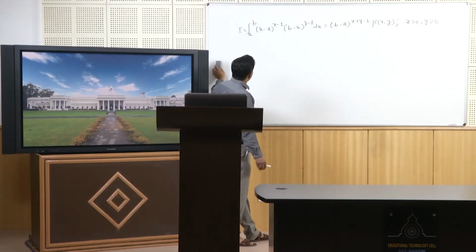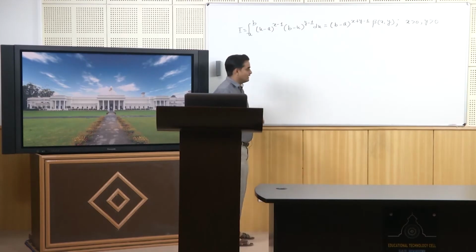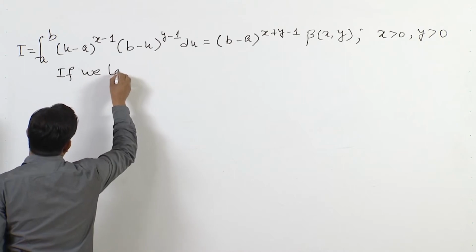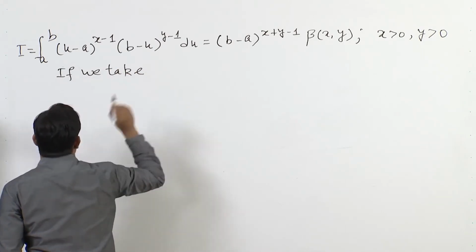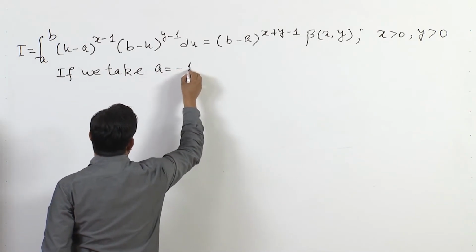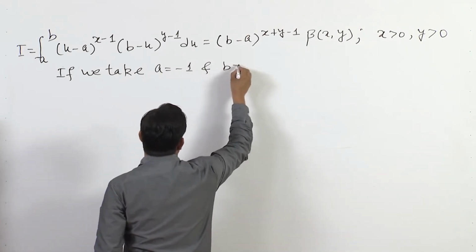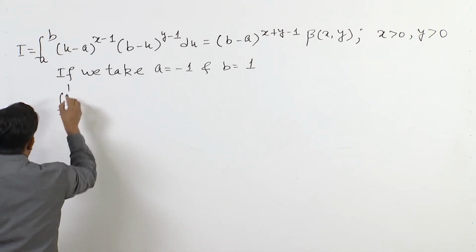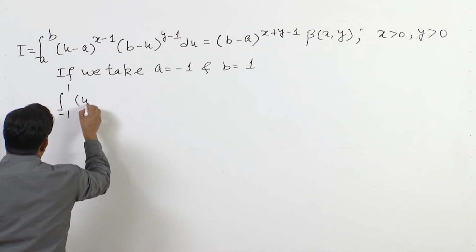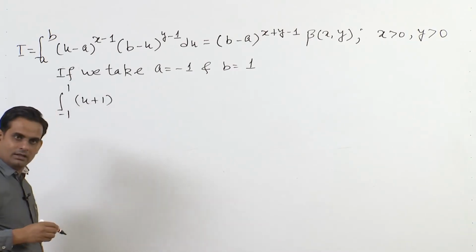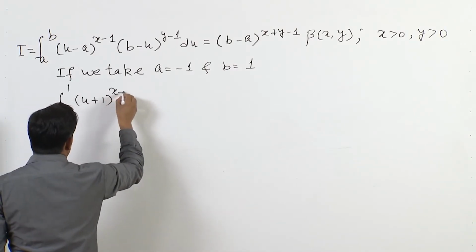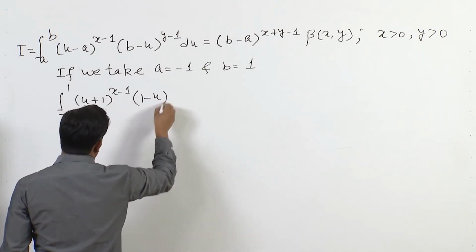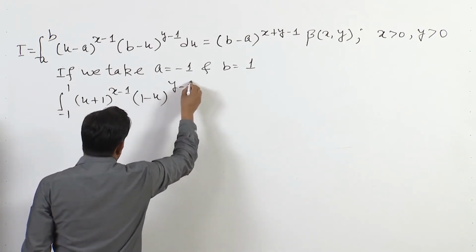Now let us see the consequences of this particular relation. If we take a equals minus 1 and b equals 1, then what will we have? The integral from minus 1 to 1 of (u plus 1) raised to power x minus 1, and then since b is 1, it will be (1 minus u) raised to power y minus 1.